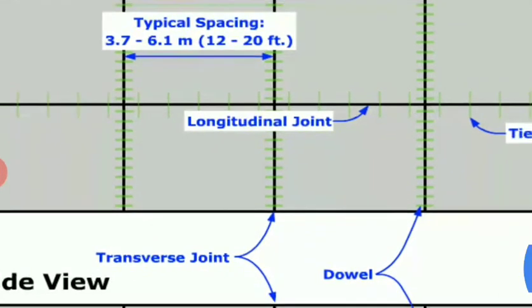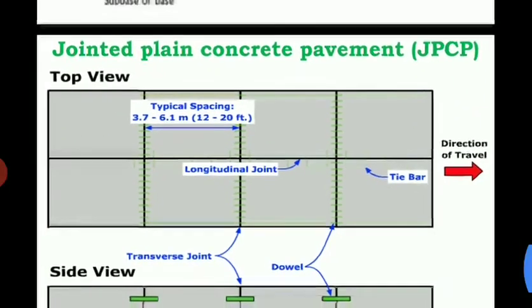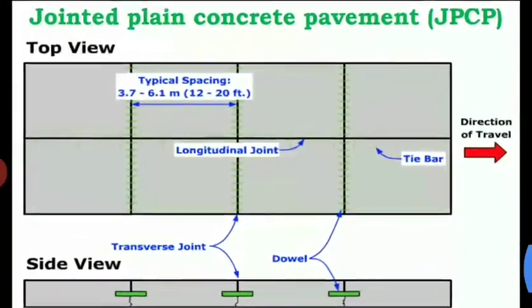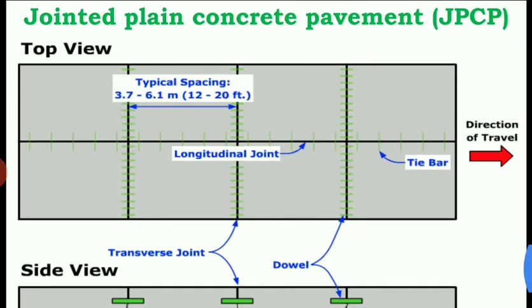Why are these joints provided? At a particular section the concrete is going to carry a certain load, and that major load whatever is generated is going to be transferred by using these longitudinal steel bars as well as the transverse joint sections.